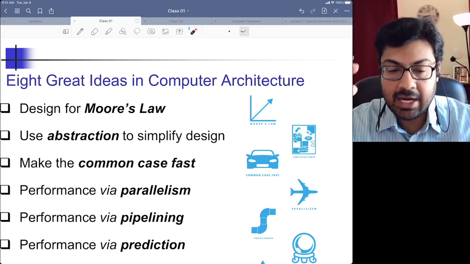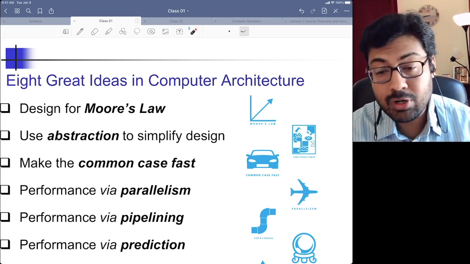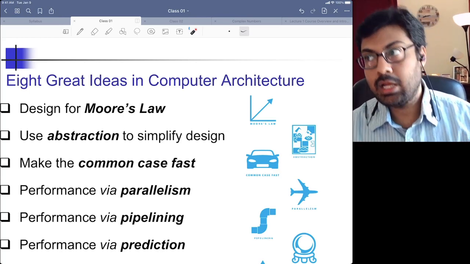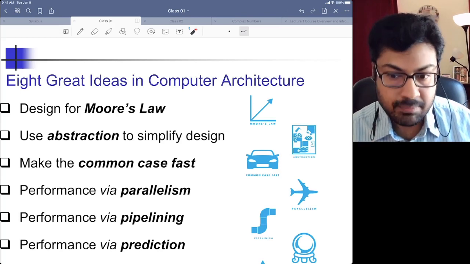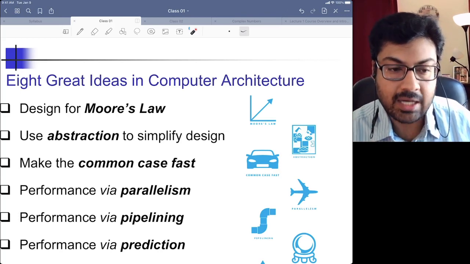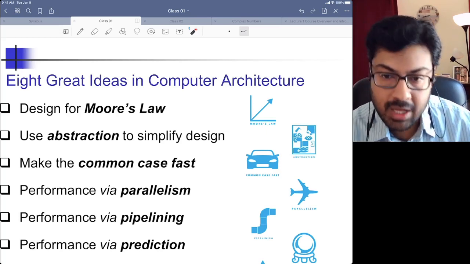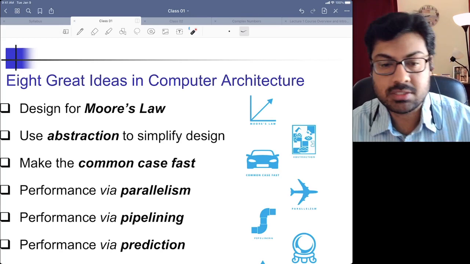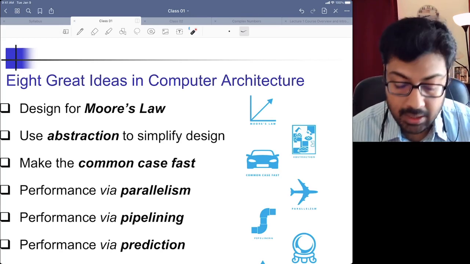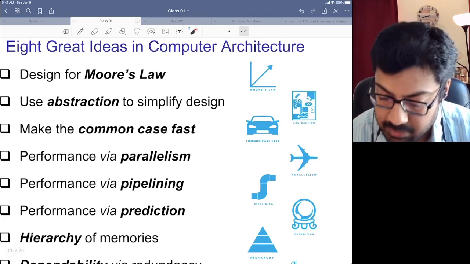And at the very end, you design the top level, which uses all the other modules, right? So when you look at the top level, things are more simple and very easy to follow. And as you go down the hierarchy in terms of abstraction, the design becomes a little more detailed, hence a little more complex. So use abstraction to simplify design. That's the symbol for that.